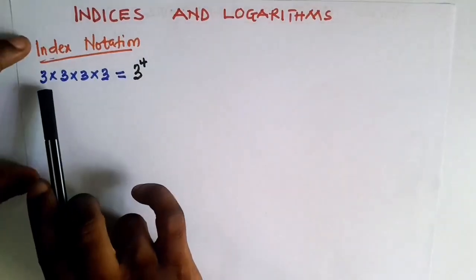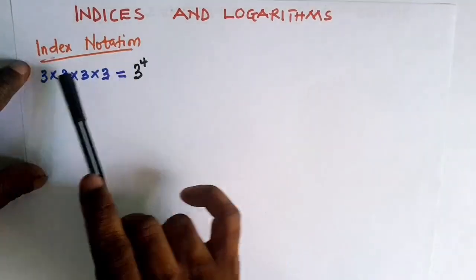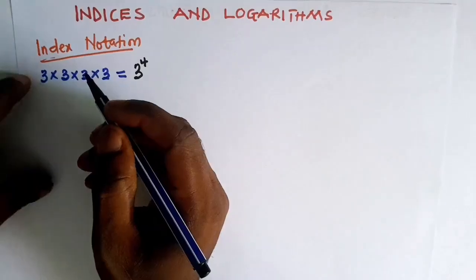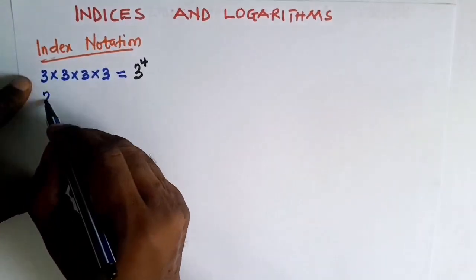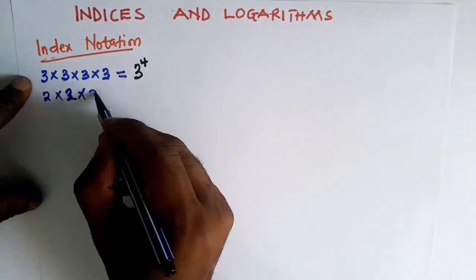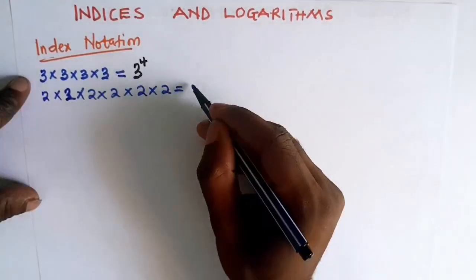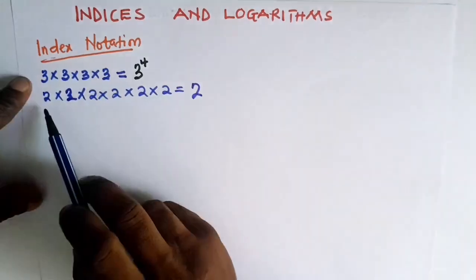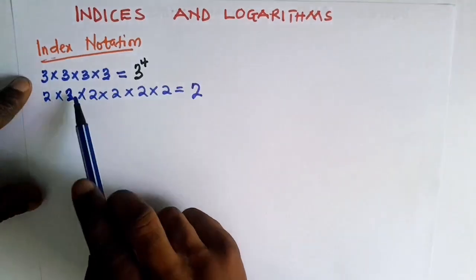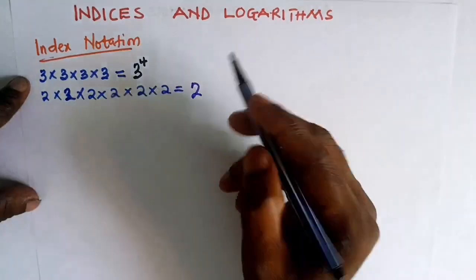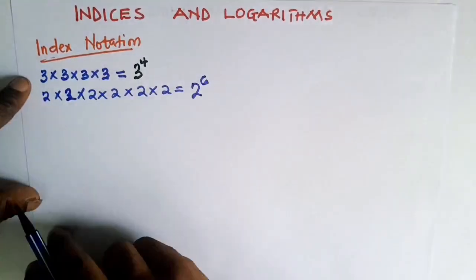This is the index form of what we have here. Again, assuming we have six 2s multiplied together, we can simply write this as 2 index 6.